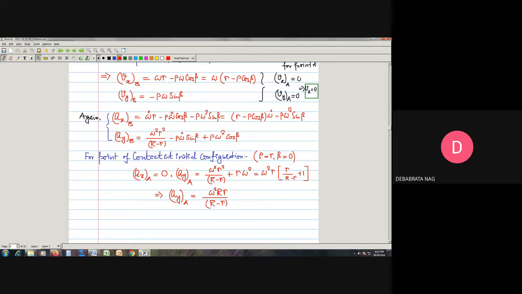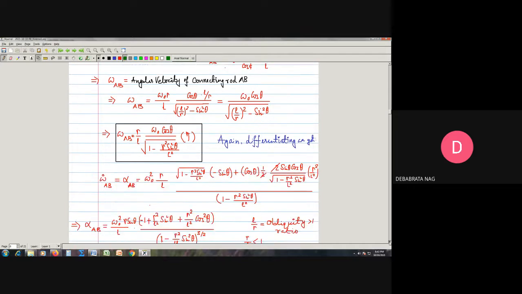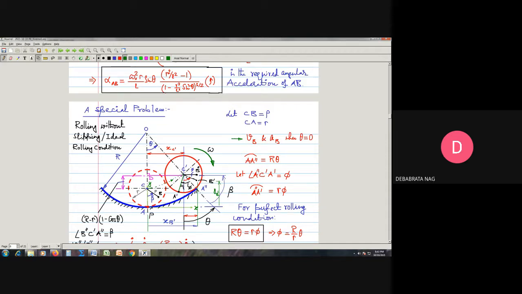And this component of acceleration, that is very important to note, is turning out to be in the upward direction. So coming back to our initial geometry, I notice here that the velocity of this point must be 0 as it should be, and I found that the horizontal component of acceleration is also 0 at this point. However, this point is having acceleration towards the center, right?